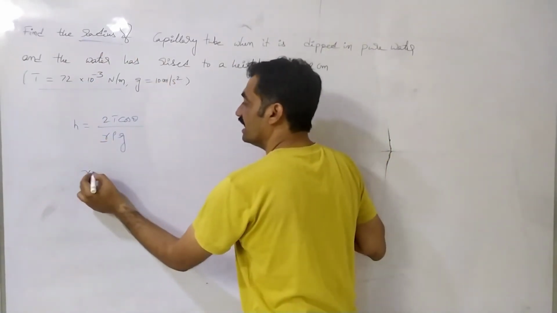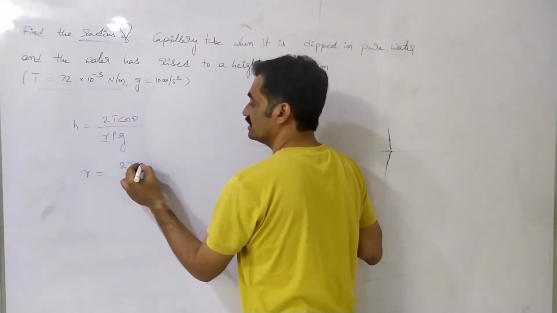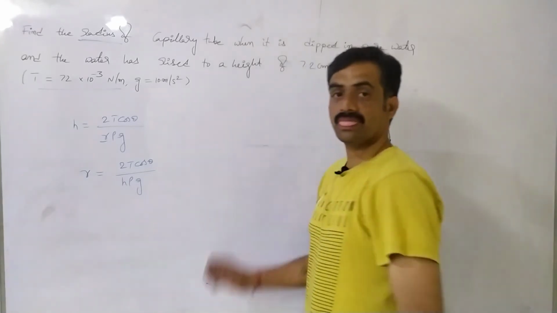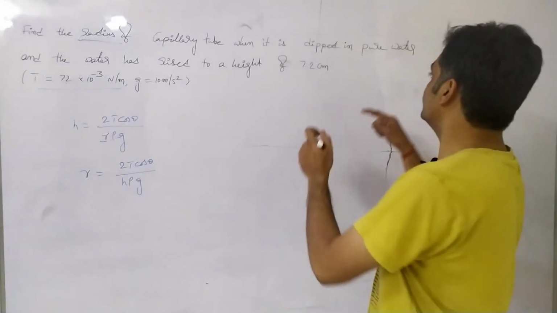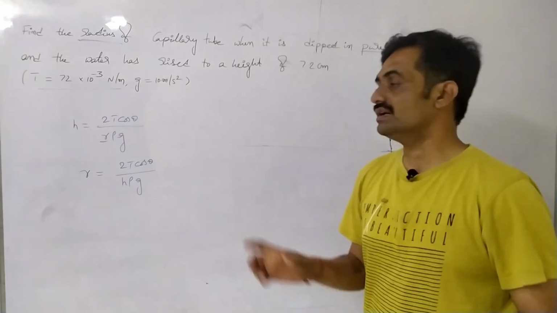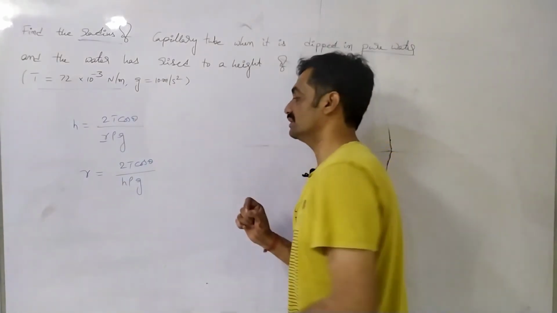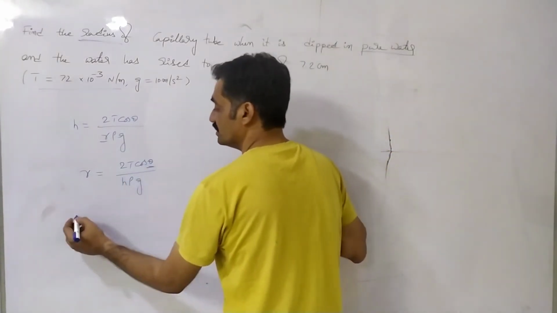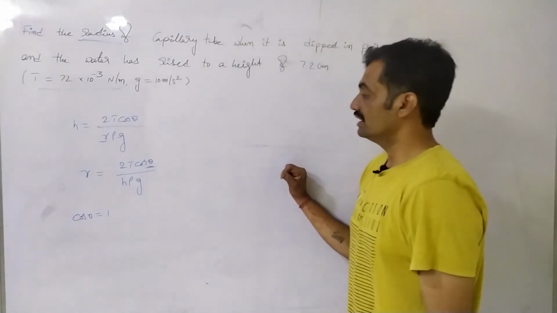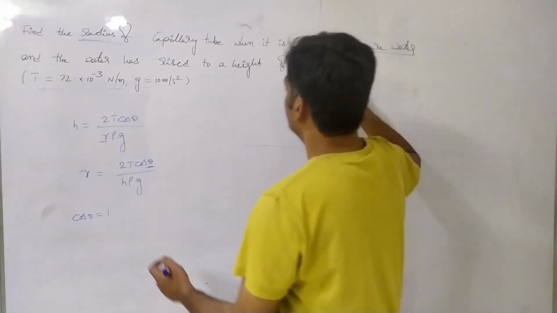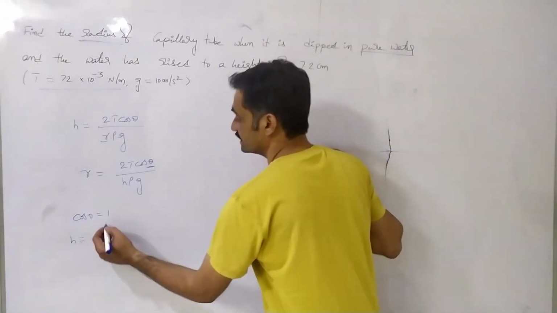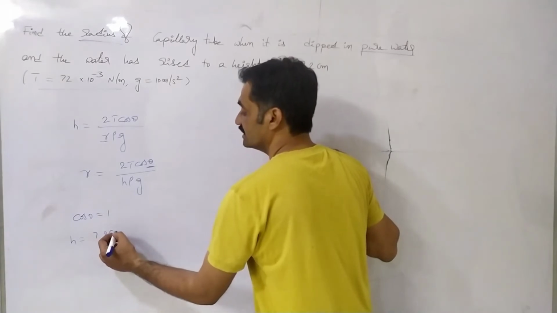So observe that r is equal to 2T cos theta by h rho g. Since here he had represented pure water, the angle of contact will be equal to 0. So cos 0 is equal to 1. And observe that the height of the water risen is 7.2 centimeters.